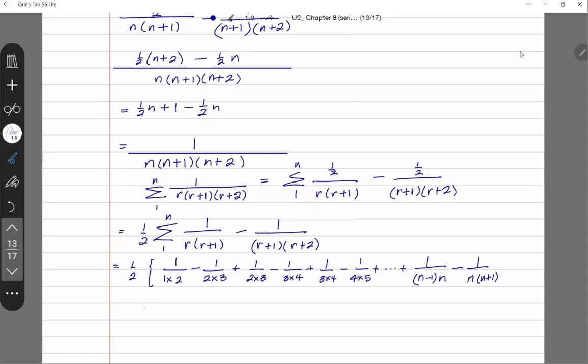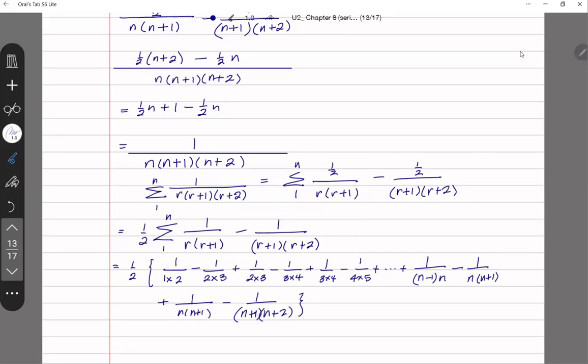And then the last term is when r is n. We have 1 over n times n plus 1 minus 1 over n plus 1, n plus 2.